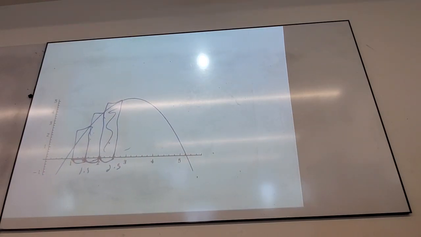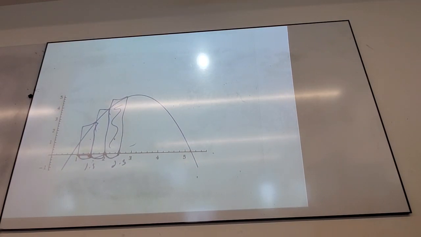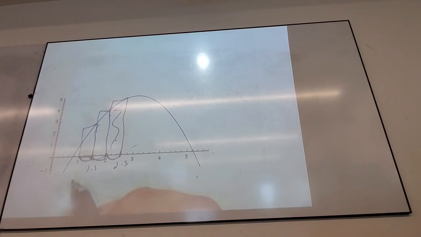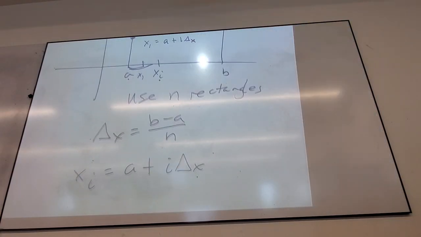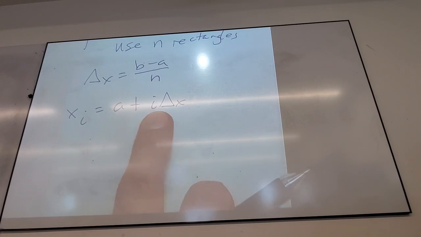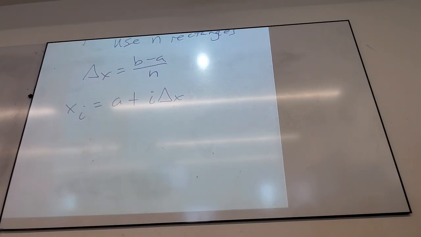That's the part I couldn't remember. So if this is the first, then 2 more steps gets me to the third rectangle. So if I start at A, and I go i steps, I'll get to the ith interval on my x-axis.